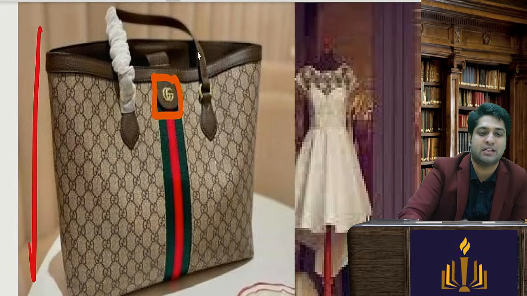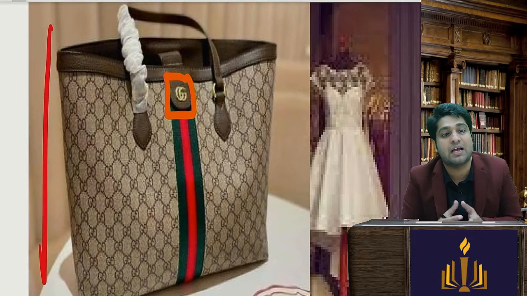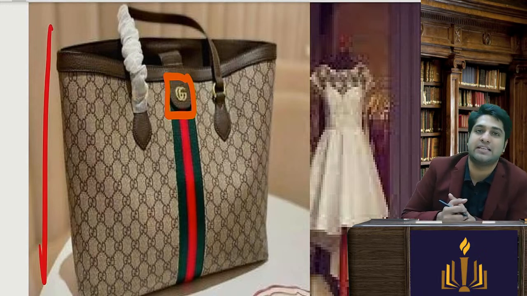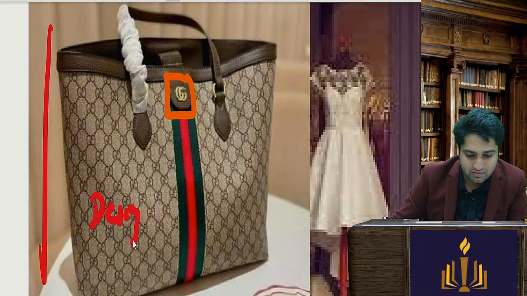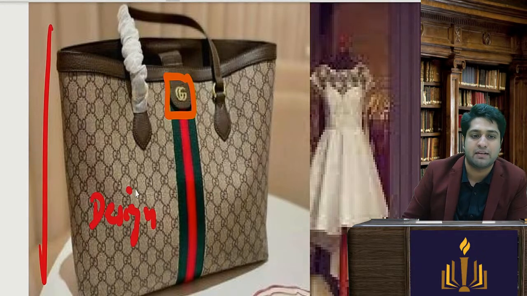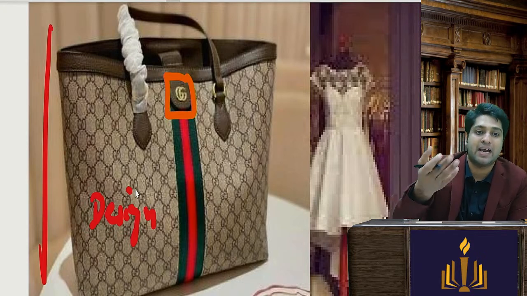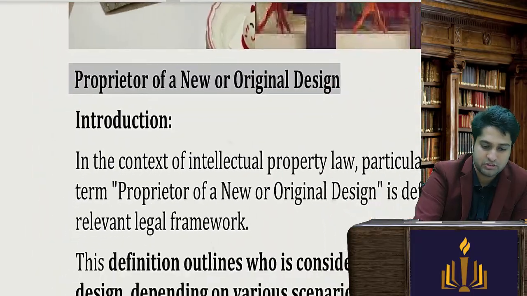Just by seeing the entire bag, you can make out that it's a Gucci bag, and because of that, people are now using the same pattern on shoes, etc., and counterfeiting and selling. So this pattern is a design which took a lot of creative effort to build. Color combination for people to identify, to make it extremely different. So the design will be registered.